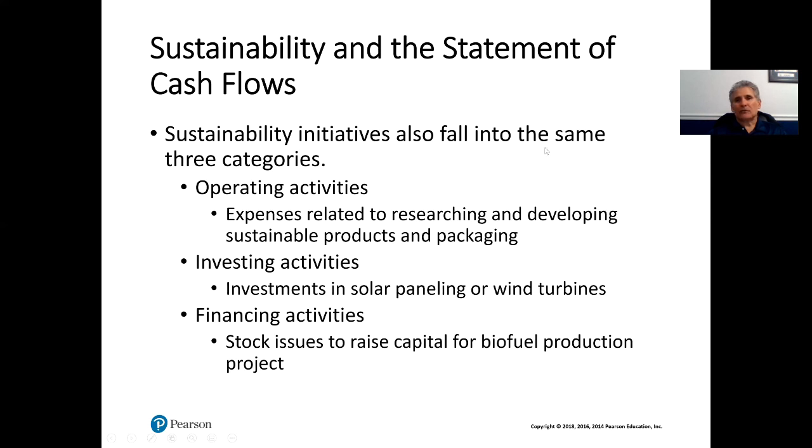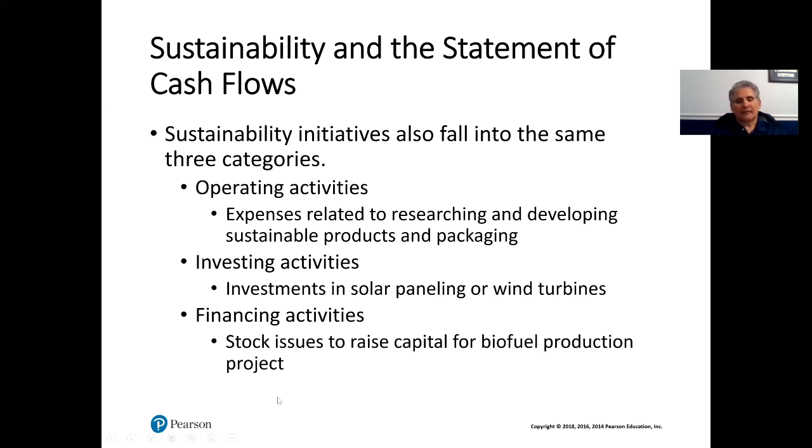Sustainability initiatives also fall into the same three categories: operating activities, investing activities, and financing activities. Specifically, operating activities might include expenses related to researching and developing sustainable products and packaging. Investing activities would include cash flows associated with investing in solar paneling or wind turbines.